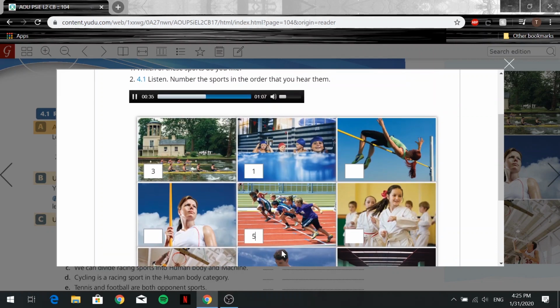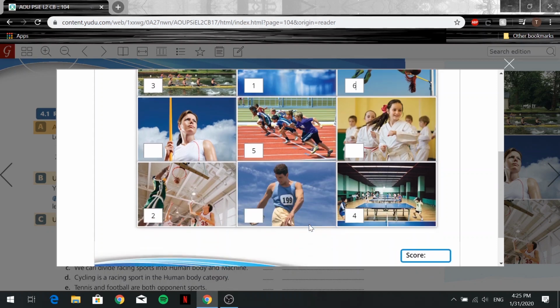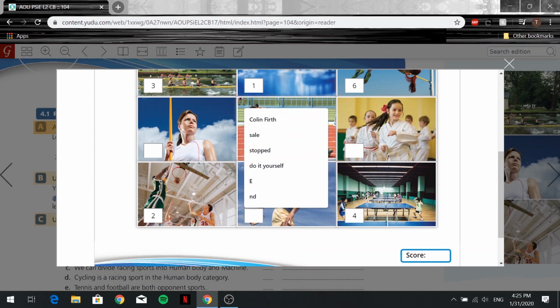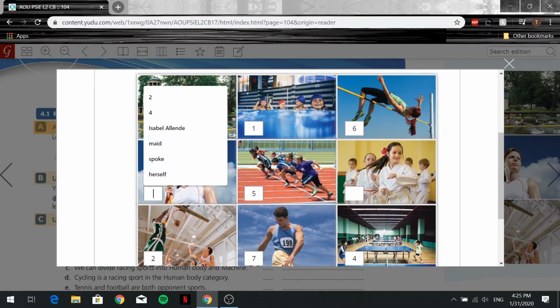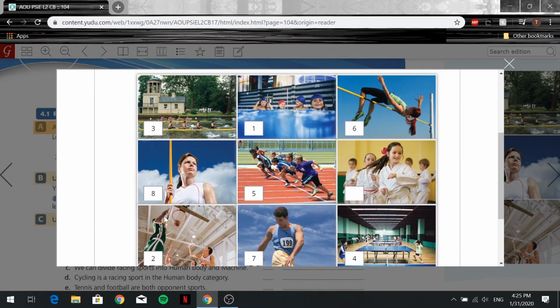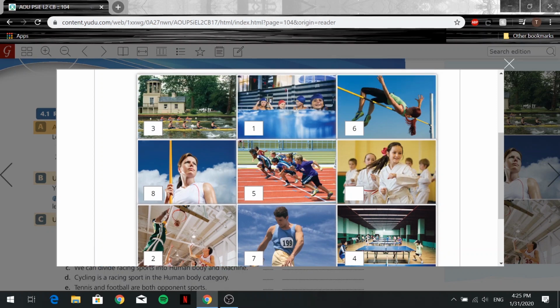It is probably a short race, a sprint. 6. This woman has just cleared the bar in the high jump. 7. This man is about to throw the discus. The sport is very old. 8. The woman is about to throw the javelin. The sport began in ancient times. 9. The girls are learning karate. It is a form of fighting.